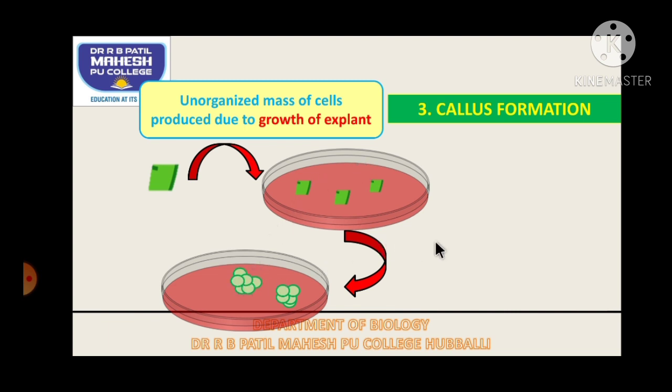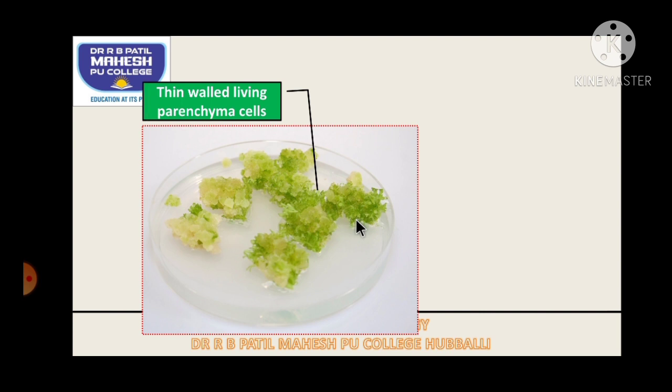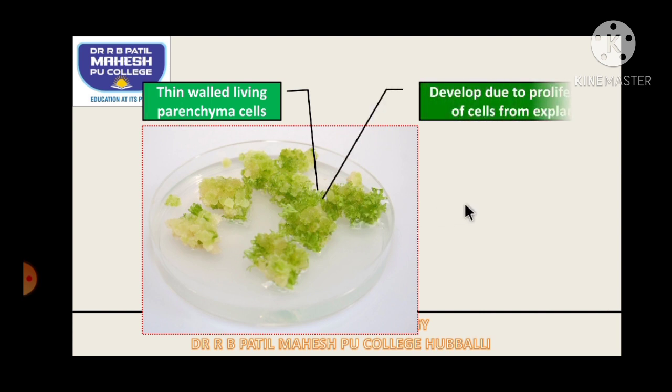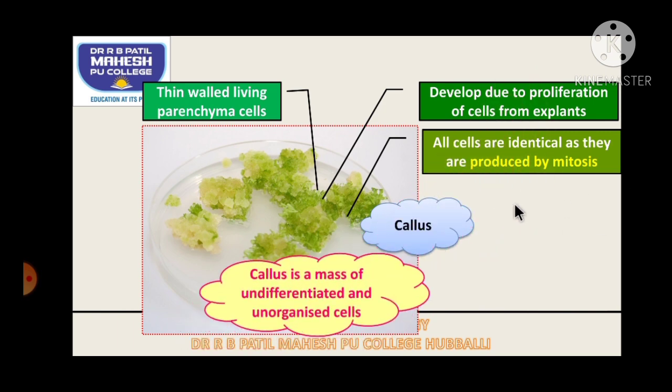This mass of undifferentiated cells is called a callus, and the process of formation of callus is called callogenesis.